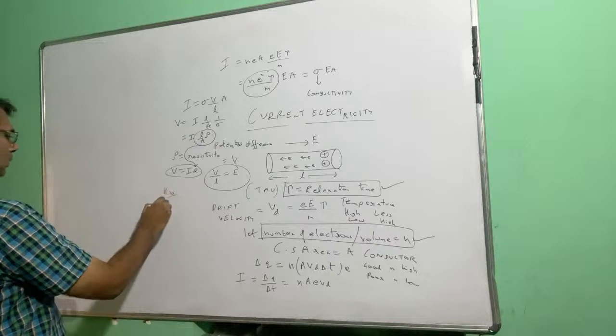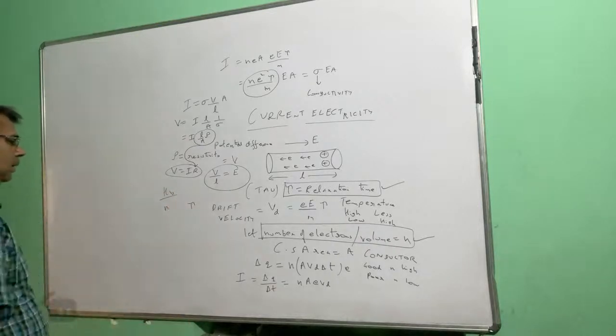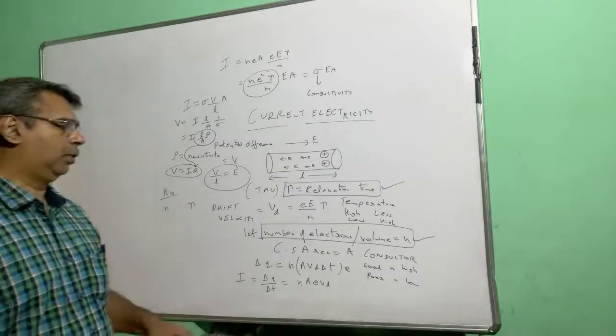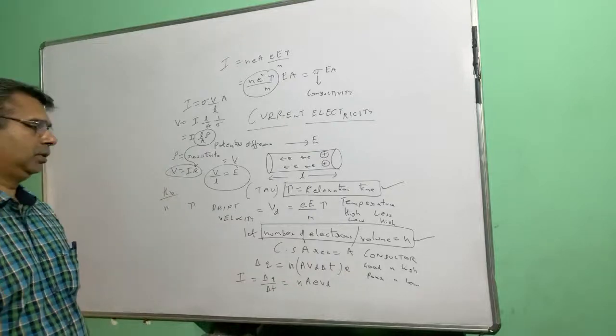Now your homework is that you have heard from me that these two are the most important parameters, relaxation time and number of electrons per unit volume.